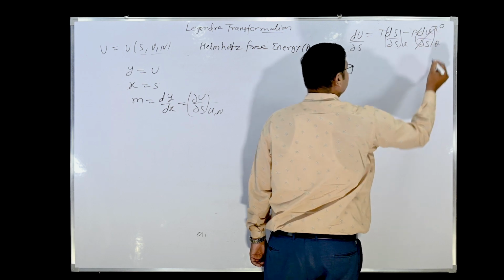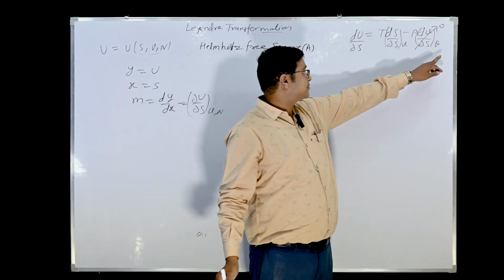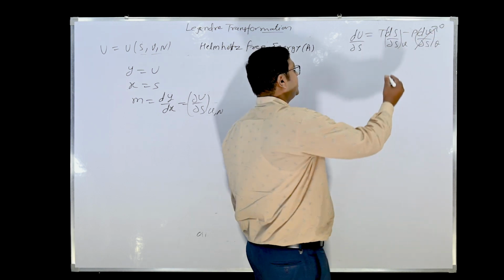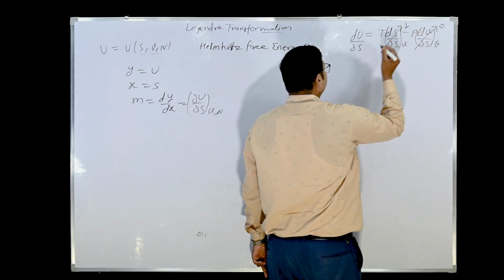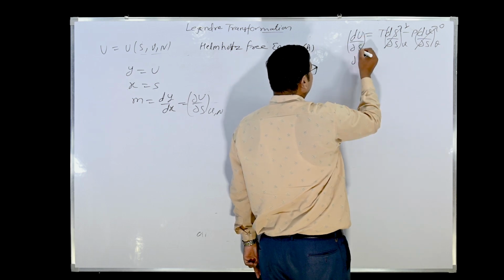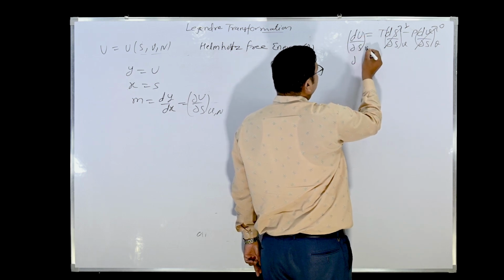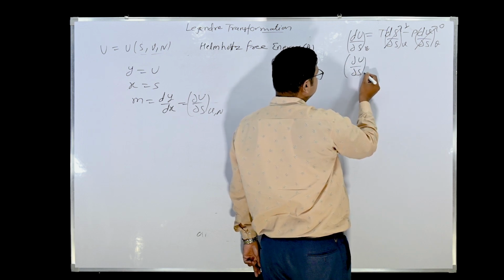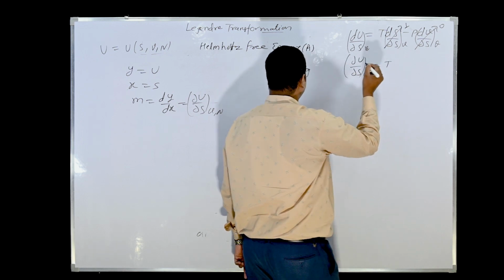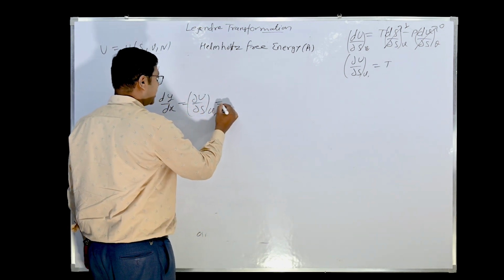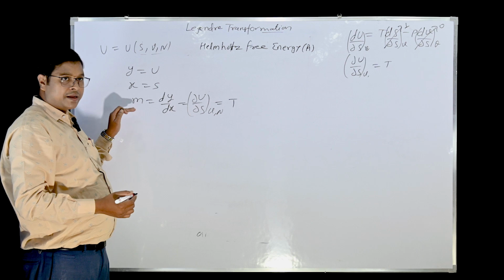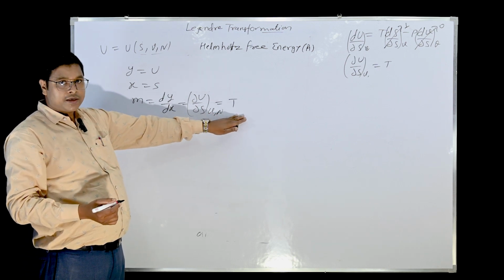This term goes to 0 because volume is constant here, and this term goes to 1. So dou u by dou s at constant volume is nothing but t. So our property variable m is nothing but t.